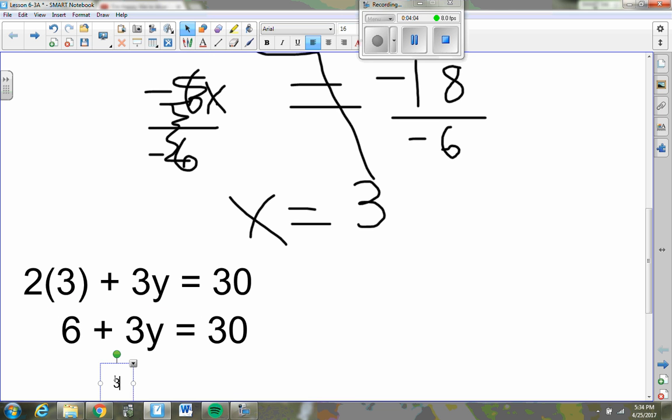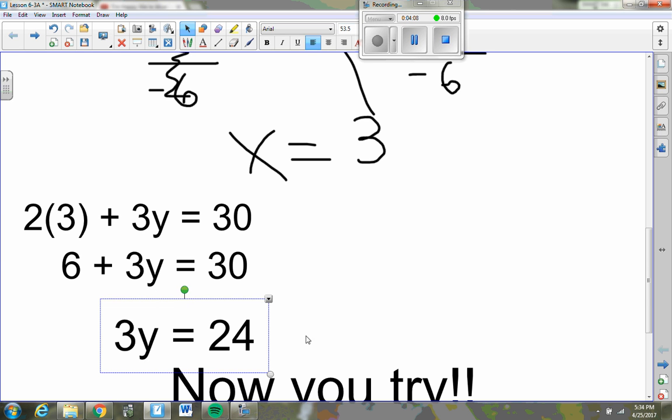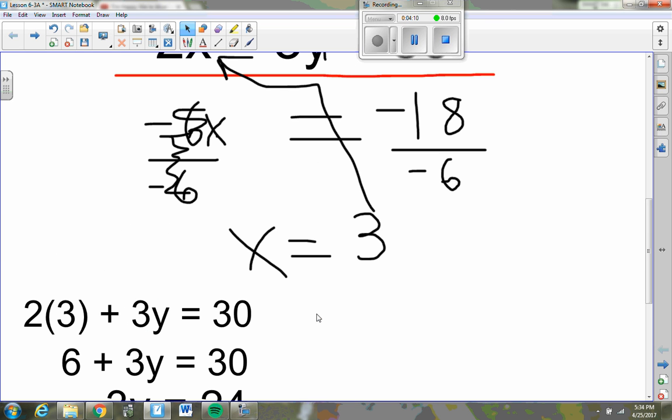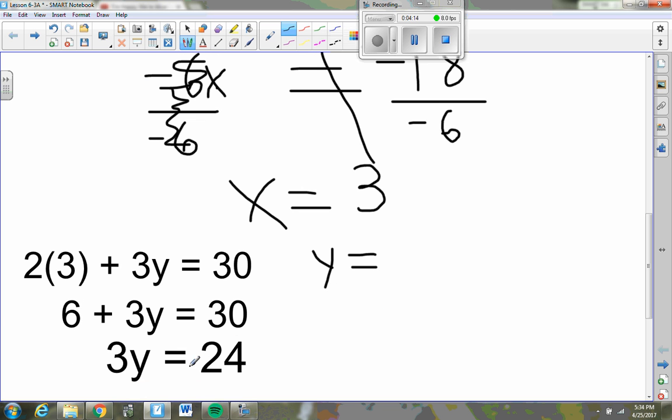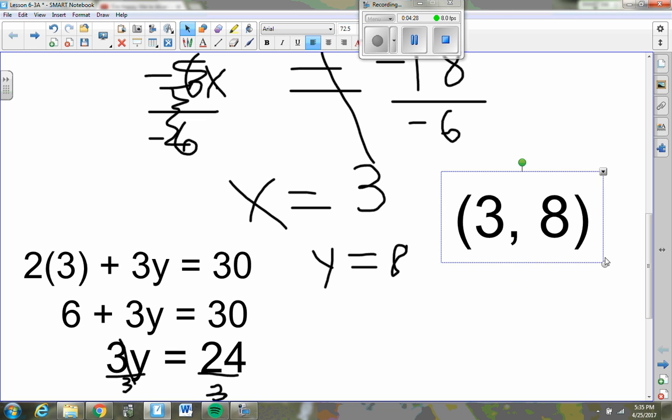And then 3y equals 24, as I take 6 away. And what I end up with is y equals 24 divided by 3. And I get y equals 8. So my final answer as a coordinate point here is 3, 8. X number first, y number second.